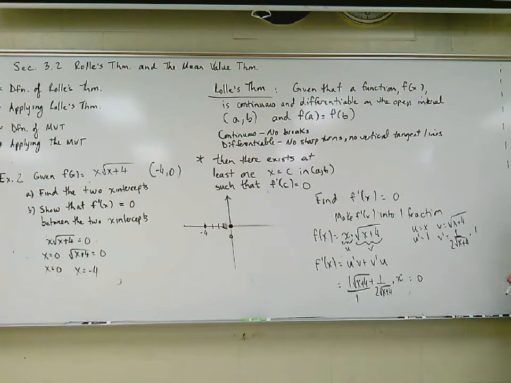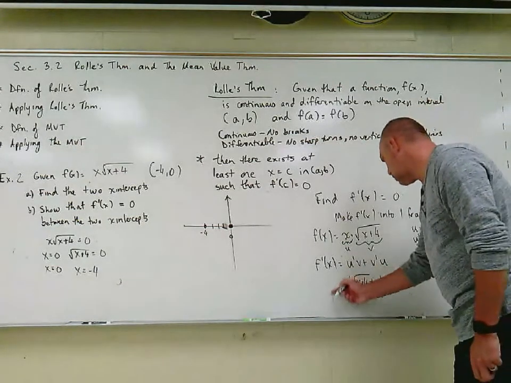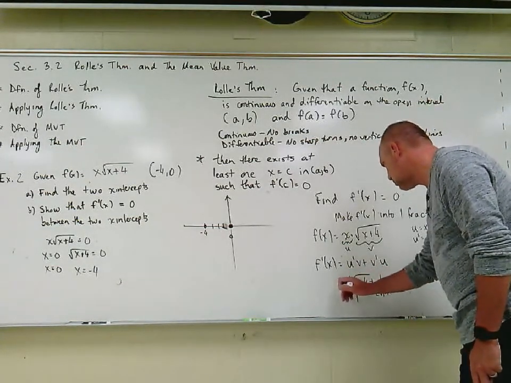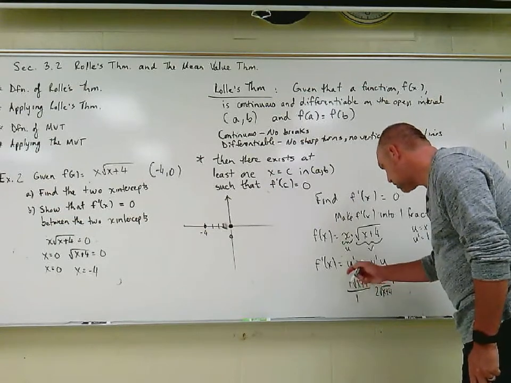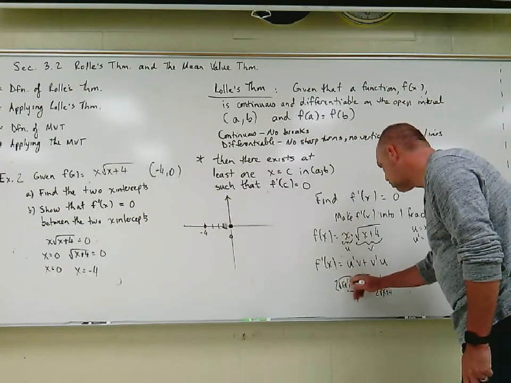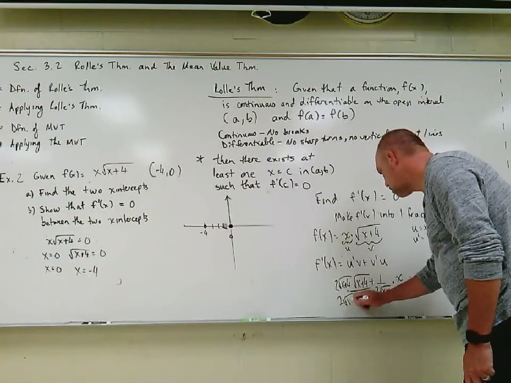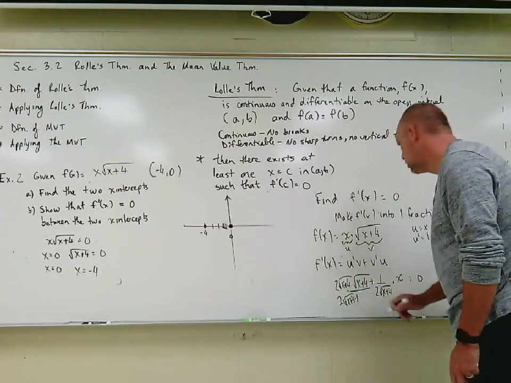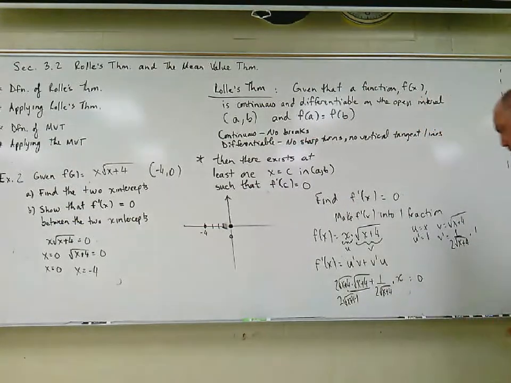All right, I'm running out of room a little bit. But what I'm going to do is multiply this first fraction by 2 square root of x plus 4 over 2 square root of x plus 4. Let's see what we get.